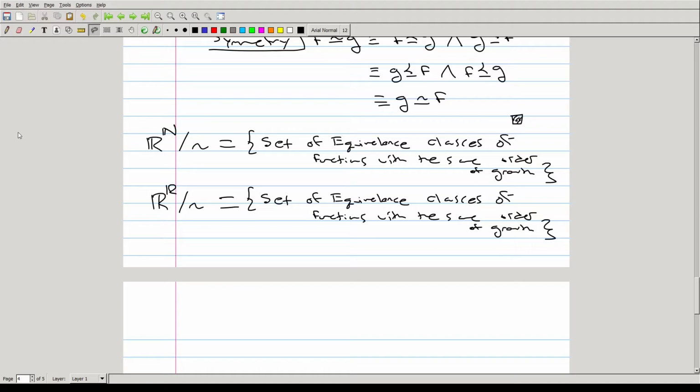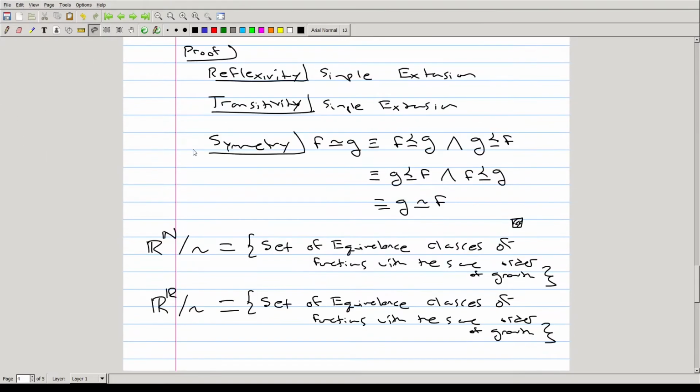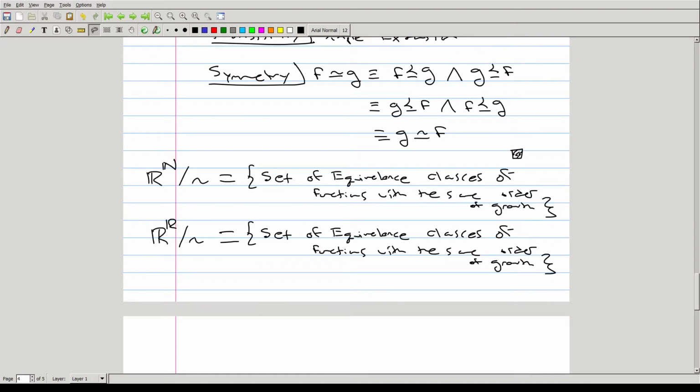So they lie in the same equivalence class, which means if we're analyzing algorithms, showing that a given algorithm has a certain order of growth is enough to say that it's equivalent to any other algorithm in this class, and it grows at the same rate as any other algorithm in this class. So this is an extremely important idea in complexity theory and the complexity of the growth of algorithms in computer science.